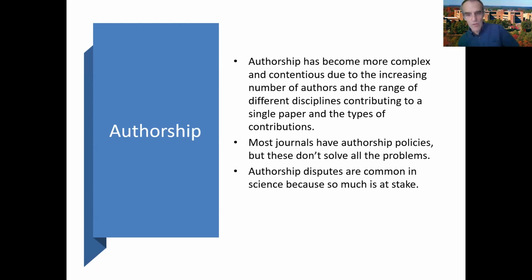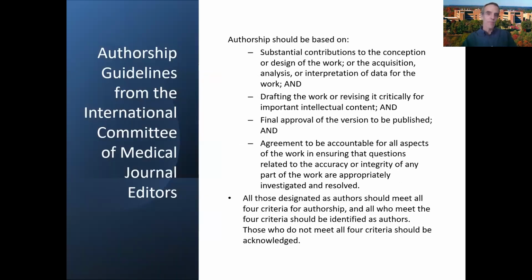And authorship disputes are common in science because so much is at stake. I provide ethics consultation and advice for people at our institute, and the number one issue that people come to me with is authorship. Those are things that seem to always be coming up.